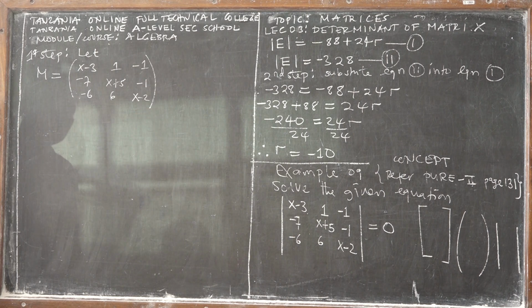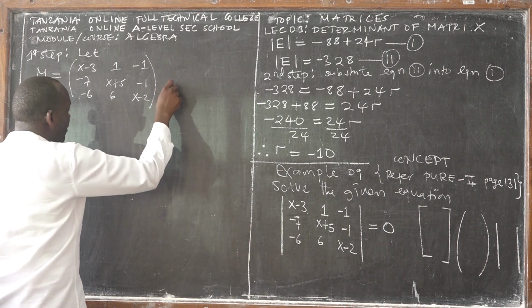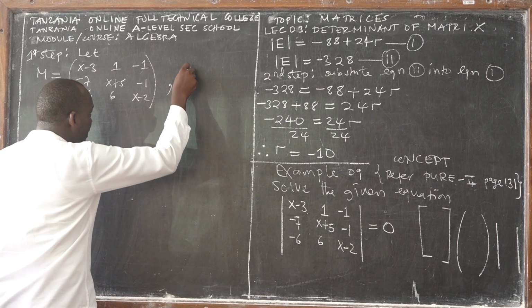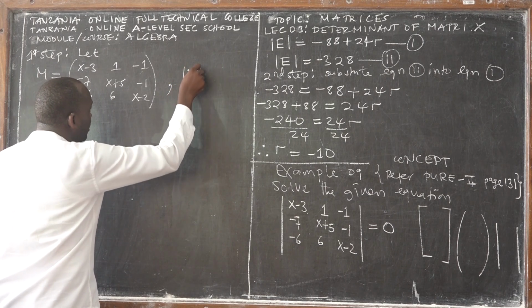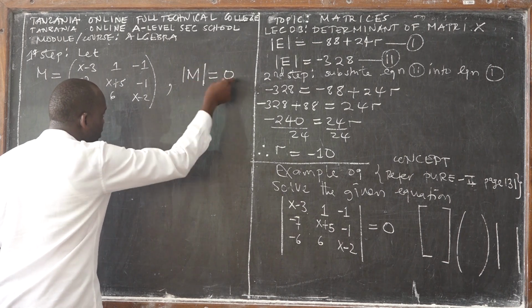Since we've been given this sign, it means another important piece of information: the determinant of matrix M is equal to 0. This is an important equation.